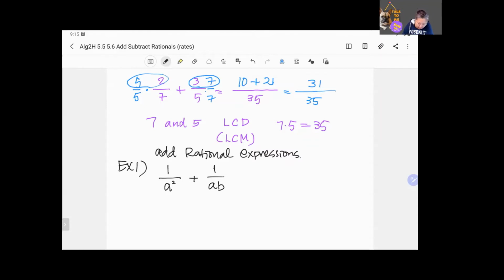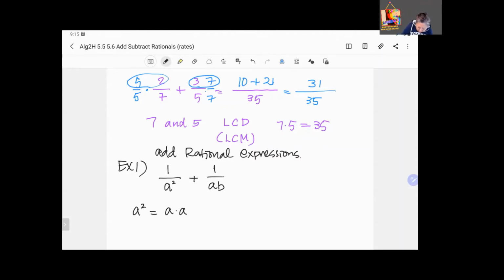So now we have to observe what kind of denominators each fraction, each rational expression, has. Let's see. The first one is a squared, which is a times a. So if I prime factor the first denominator, it's simply a times a. Then the second one is ab. If I prime factor the second denominator, it's simply a times b.